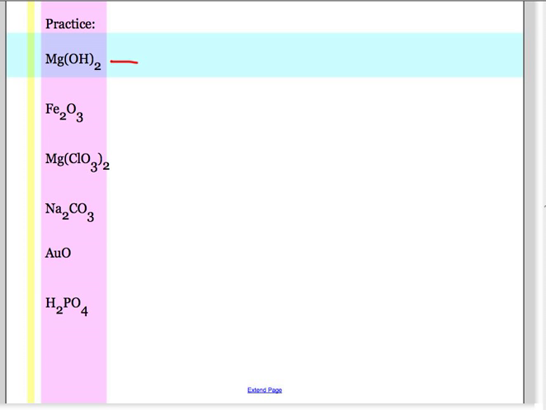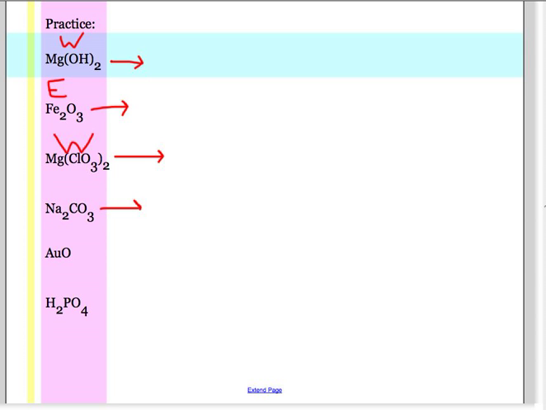All right, very first one, definitely not just two elements, so it's going to be a weirdo. Second one, just iron and oxygen, so it should be an easy. Third one, unfortunately, more than just two elements, so it's a weirdo.